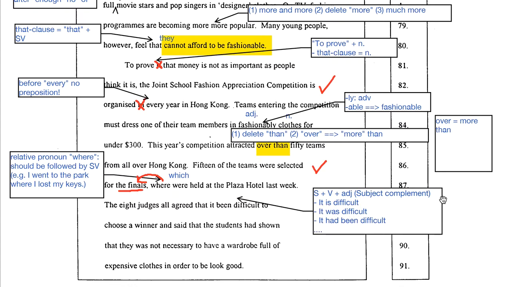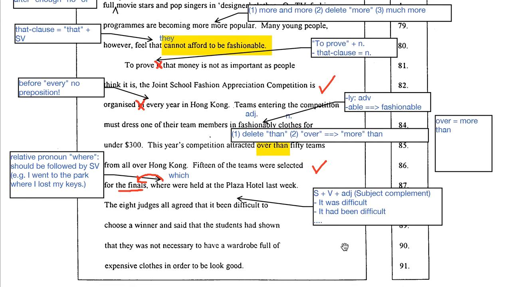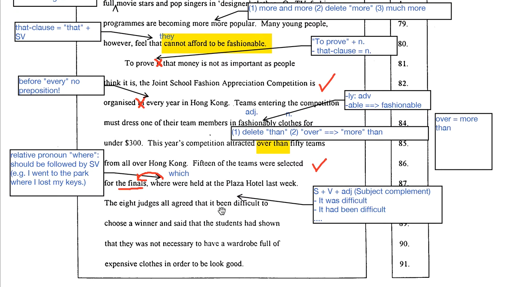So many possibilities, but we also have to fit the grammar. Because the grammar is past tense here, "agreed," let's delete "it is difficult." Let's say it was difficult or it had been difficult, so that it will match the past tense in the original form. However, "it been difficult" is definitely wrong. We don't use the past participle alone.